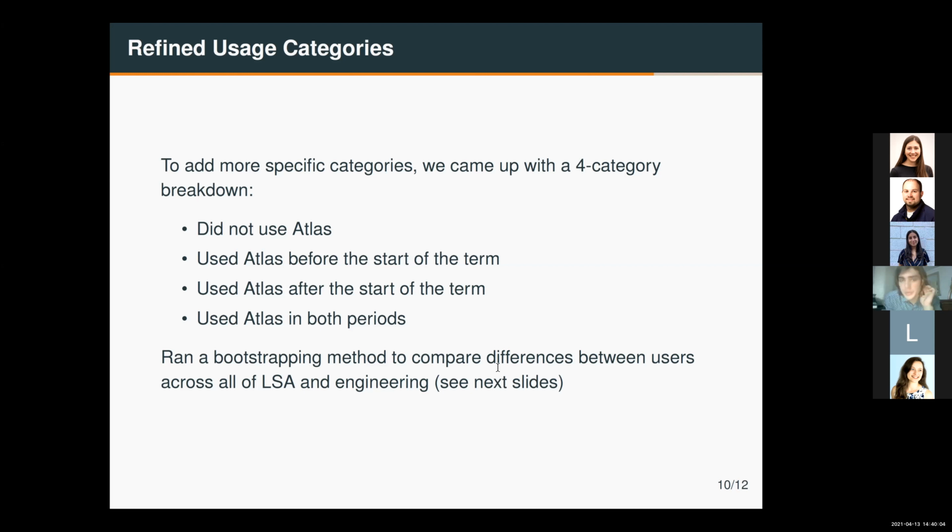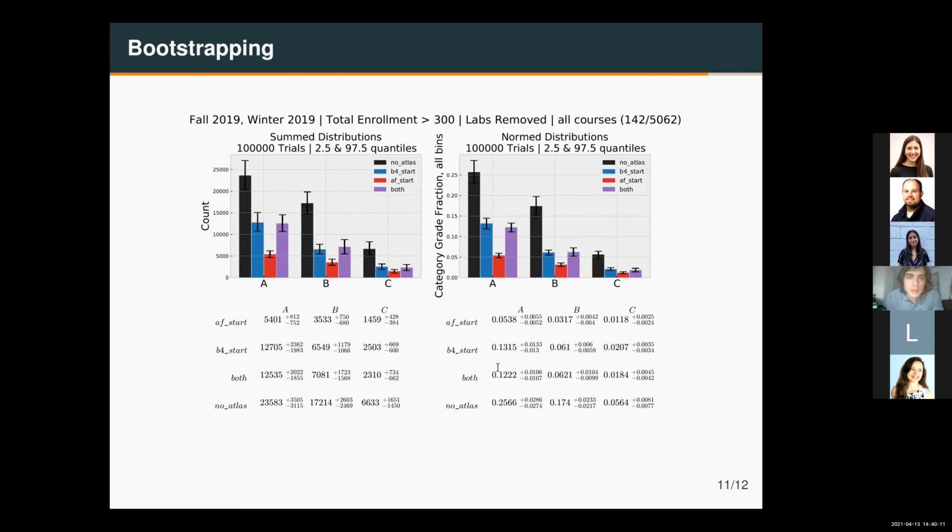So we can see the differences between these 4 usage categories across the entire school. These are just the counts, and I have all the numbers here, but don't look at these unless you're really interested.